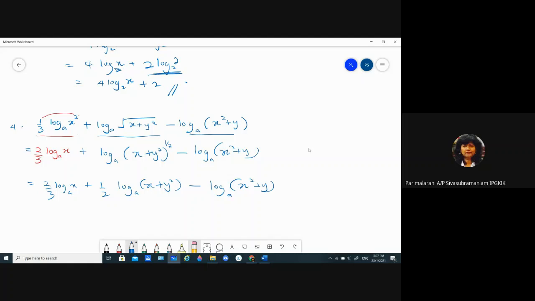Okay. So can we further simplify this or not? I don't think so, madam. So it doesn't look like there is a solution here. No.